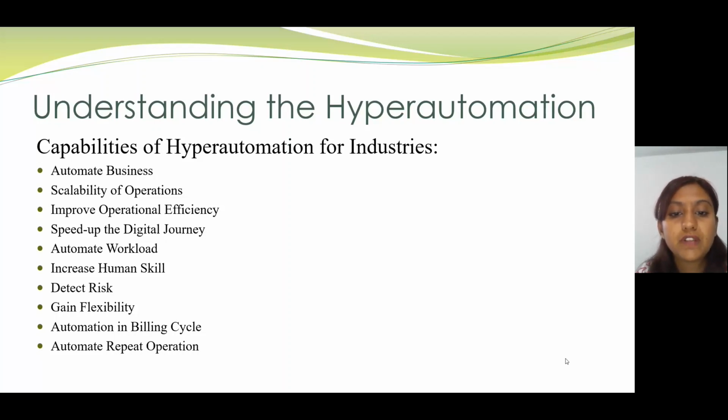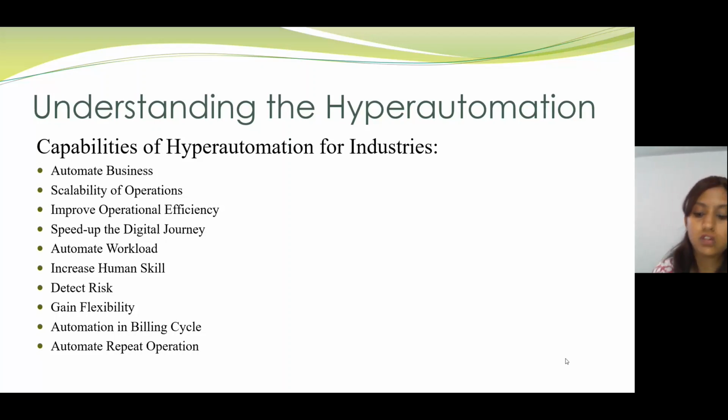Automation is frequently used to ensure adherence to regulations that are essential to the viability and profitability of healthcare organizations and some other fields. And automating repeat operations means it directly automates itself to get the required output.